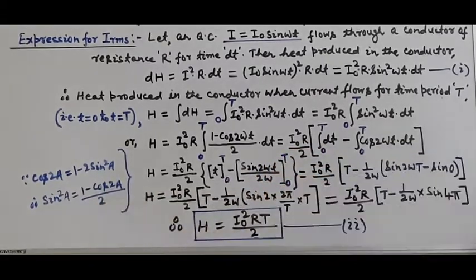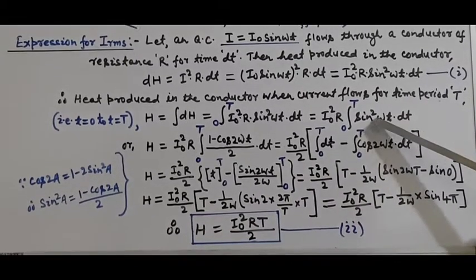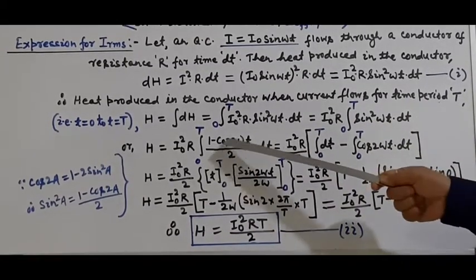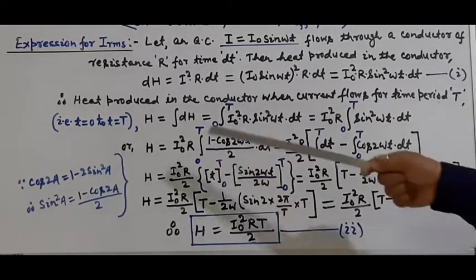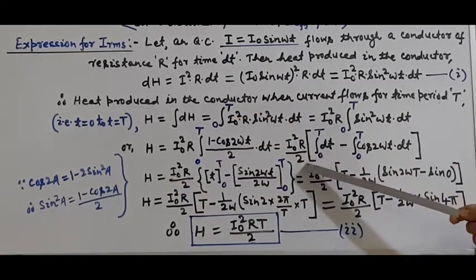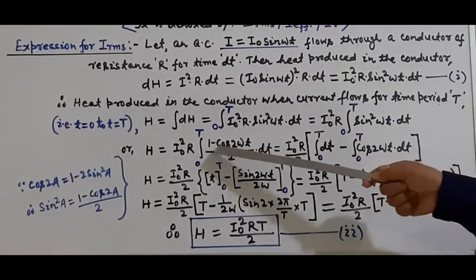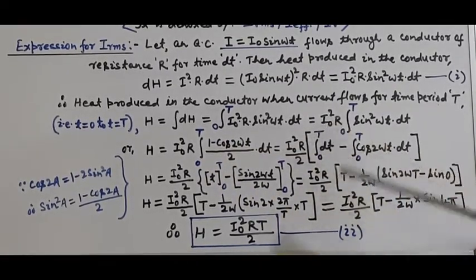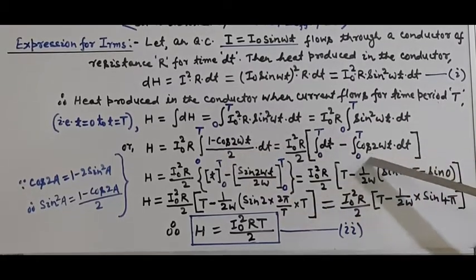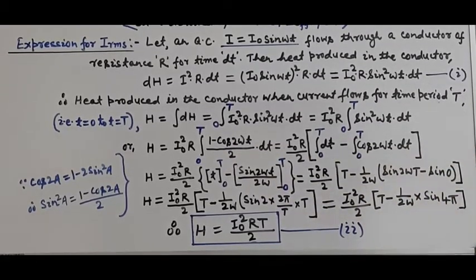With the help of this, in place of sin square omega t, we may write 1 minus cos 2 omega t by 2, dt. So take the 2 out, I naught square R by 2, and separate the terms: first is dt from 0 to T, and next is minus cos 2 omega t dt.